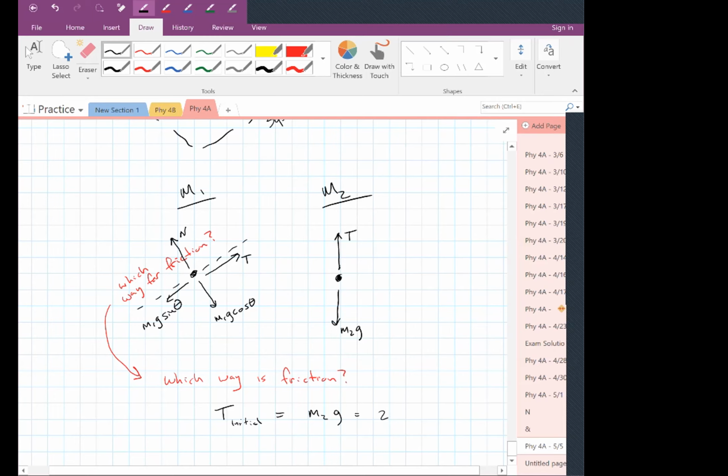So what did I say? That was 2 kilograms. I'm going to use 10 for g. It's about 20 newtons. Now, that's what's pulling it up the incline. What's pulling it down the incline? M1g sine theta.